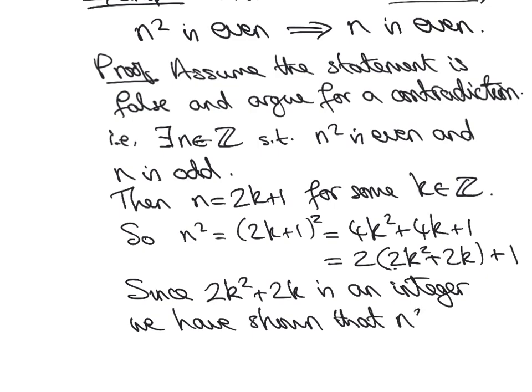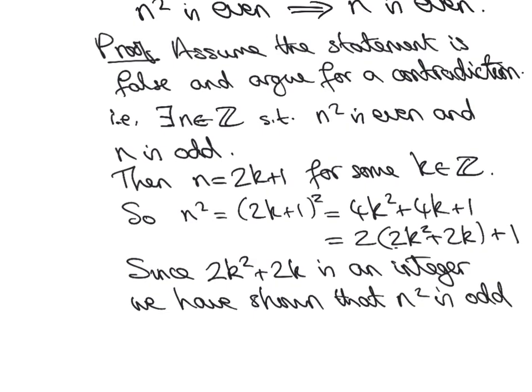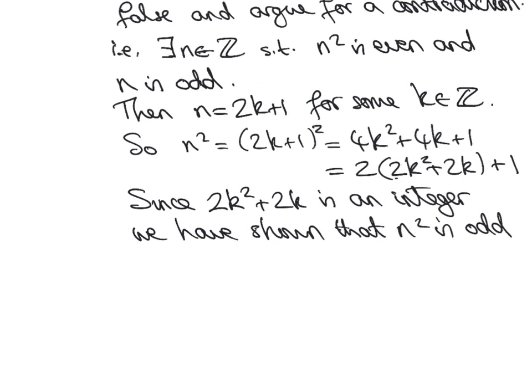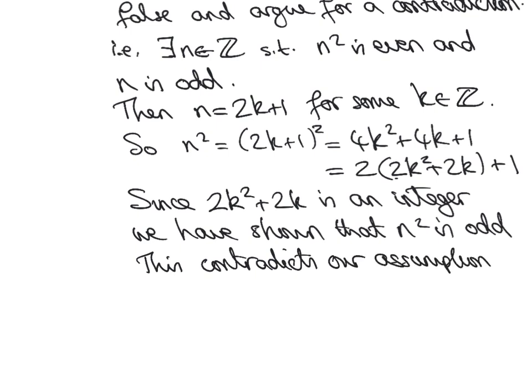So we've shown that n squared is odd. But now we were working under the assumption that n squared is even. So we've now got n squared is even and n squared is odd. And that's our contradiction. So this contradicts our assumption that n squared is even.